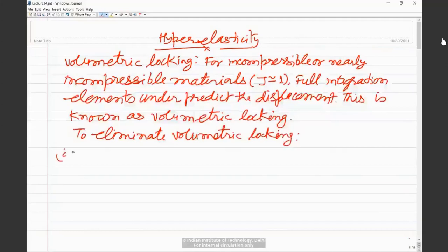One is known as reduced integration for the volumetric part.